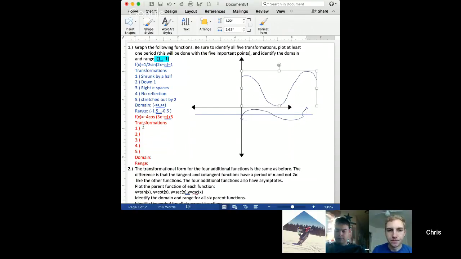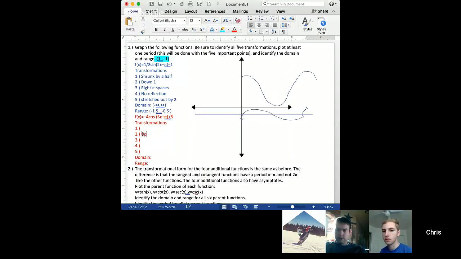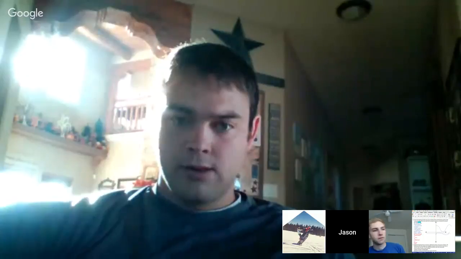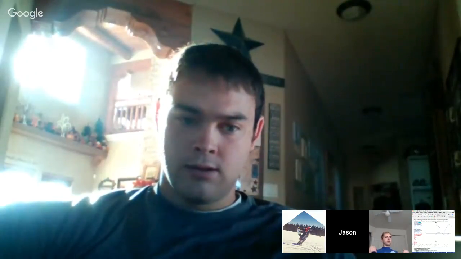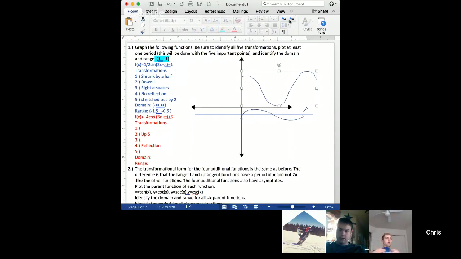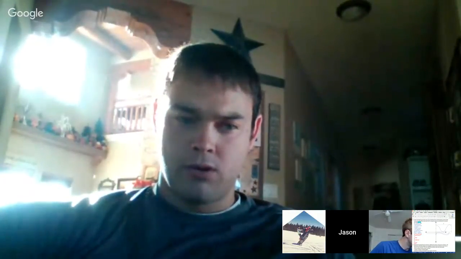Anyway, so it is up 5. Reflected in the x-axis, right? Yeah, negative. And then stretched by 4? Yeah. Stretched by 4, reflected, and it goes to the left pi.